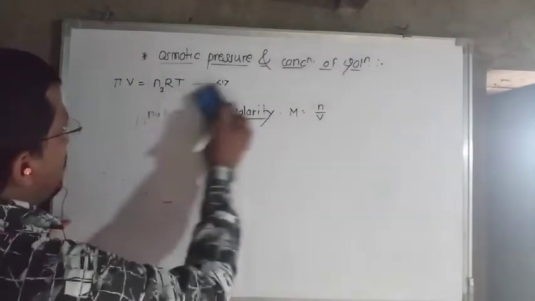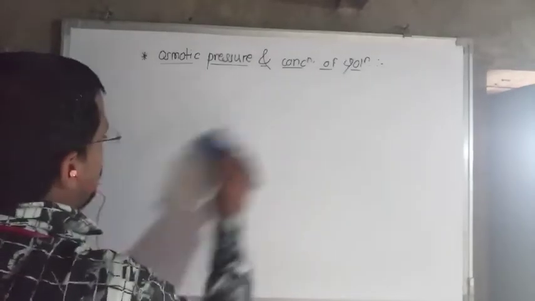Now the next point is the application of osmotic pressure. It is a colligative property, just like lowering of vapor pressure, depression of freezing point, and elevation in boiling point.